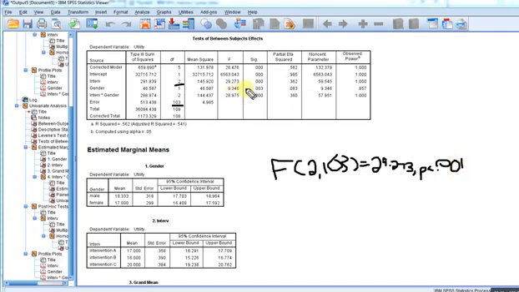For the effect of gender, basically you would say there were significant gender differences. You could say degrees of freedom 1 is between, 103 is degrees of freedom error or within, and that's in parenthesis, and then equals 9.346, and then p is equal to 0.003.